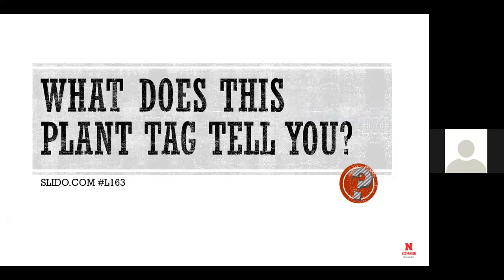It's a generalized question: in all of these tags, what kind of information shows up? What do you see in these tags that will help you manage that plant in your landscape? What is the information that tag is telling you? There are lots of different examples.